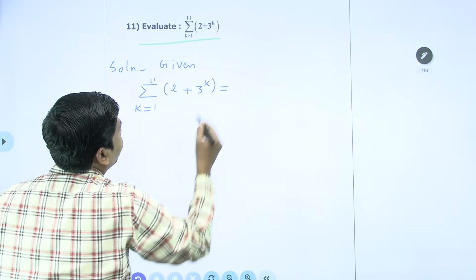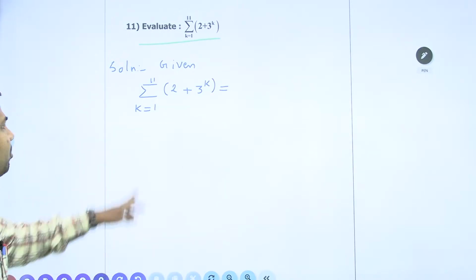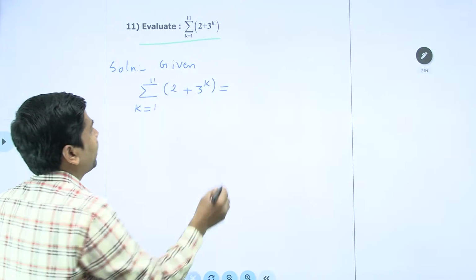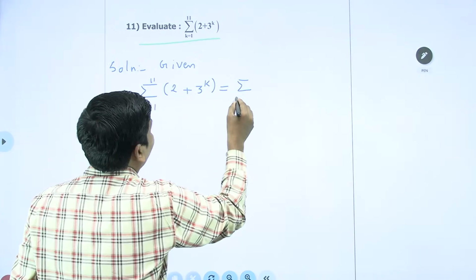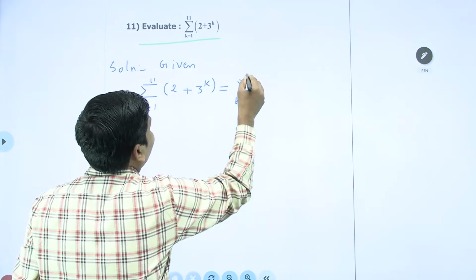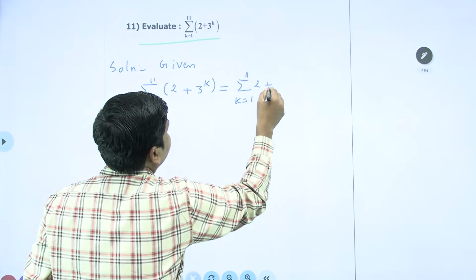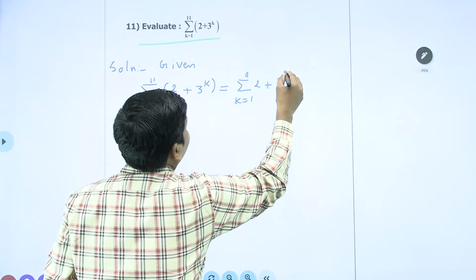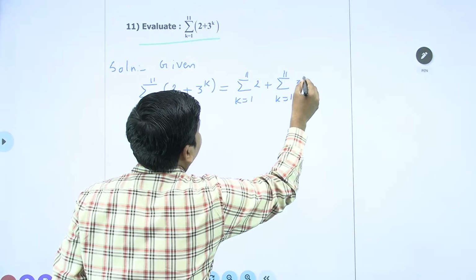So this you have to evaluate. So this summation I can apply separately for the first term as well as for the second term. So this we can write as summation of k runs from 1 to 11, 2 plus summation of k runs from 1 to 11, 3 raised to k.